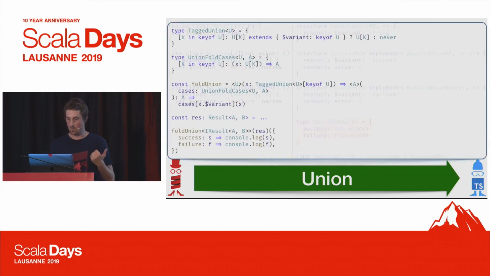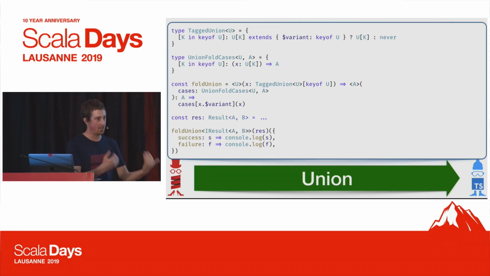And then with a little bit of extra one-time only type definitions, we can create a function that will fold over any union that's been generated using this mechanism. So first of all, we define a tagged union as any union of U where the objects of the union contain this variant property.